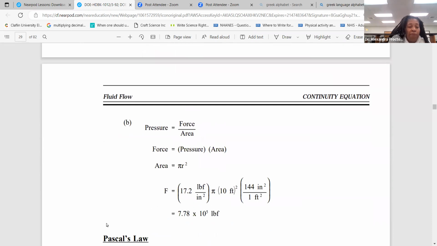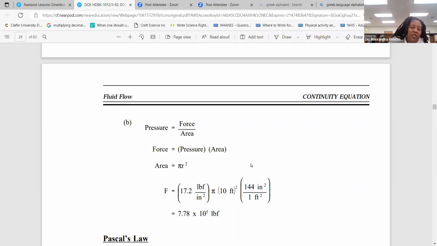Then for part B, they understand that pressure is force per unit area. They rearrange the equation to get force by itself. So the final equation that they use is force is equal to pressure times area. So they cross multiply, and area is equal to pi r squared. So F is equal to 17.2 pound force per inch squared times pi times r squared, which is 10 feet squared.